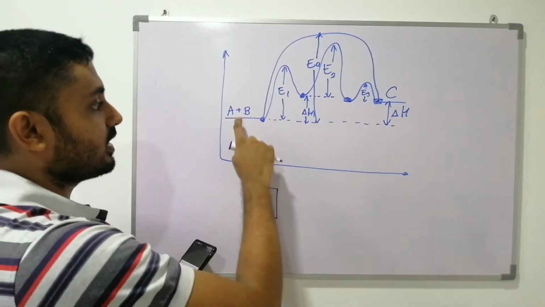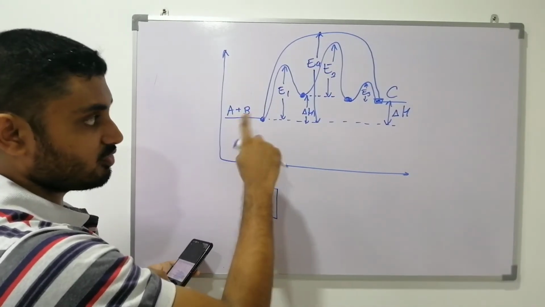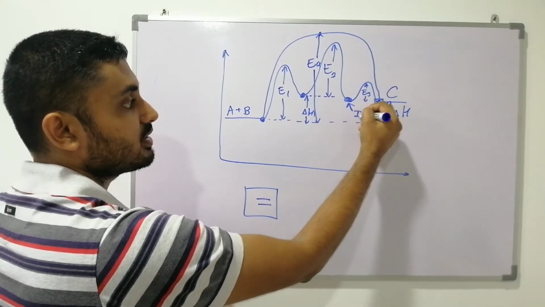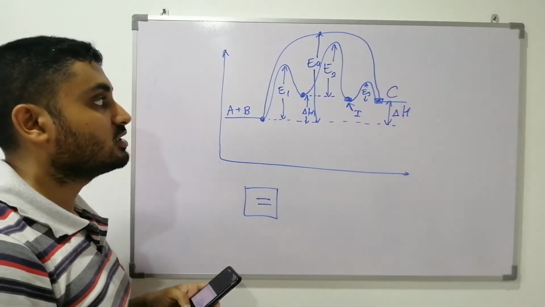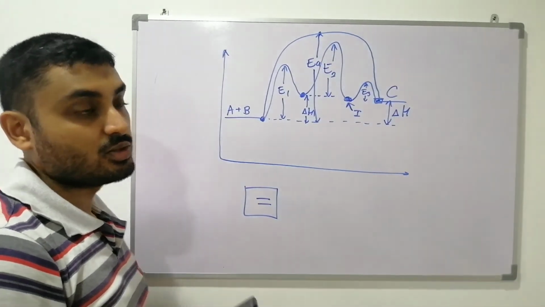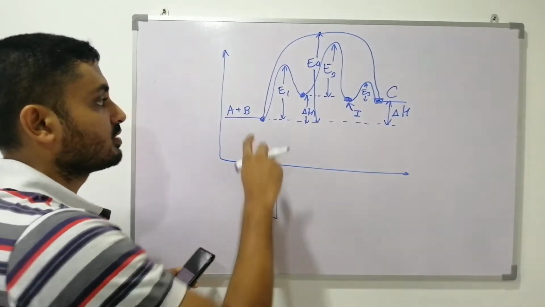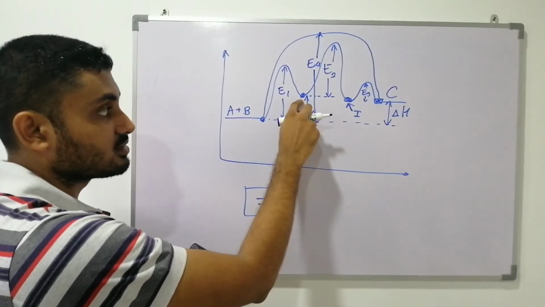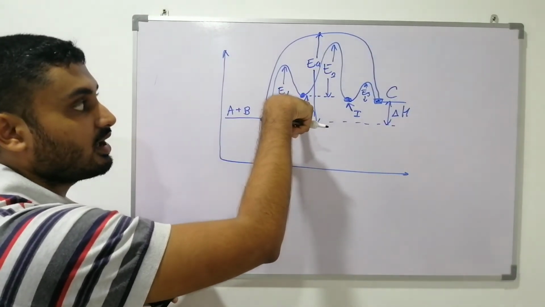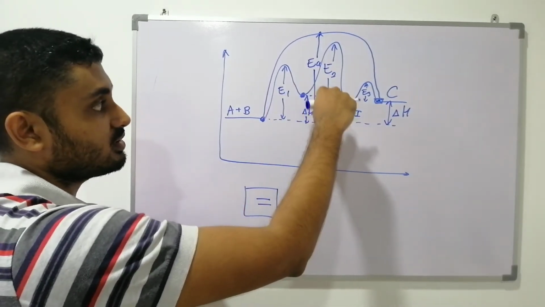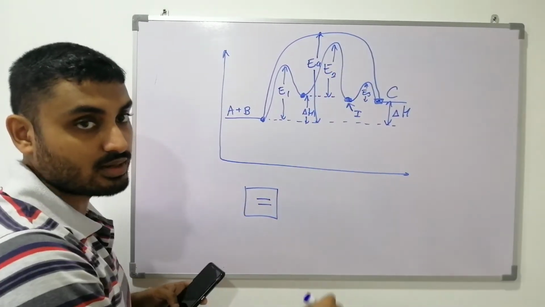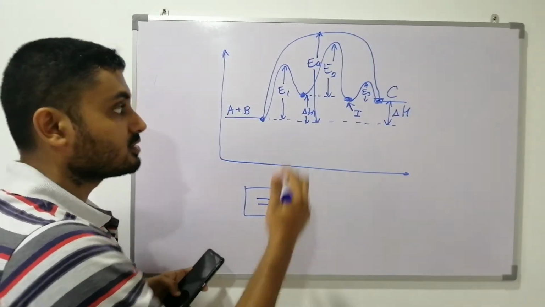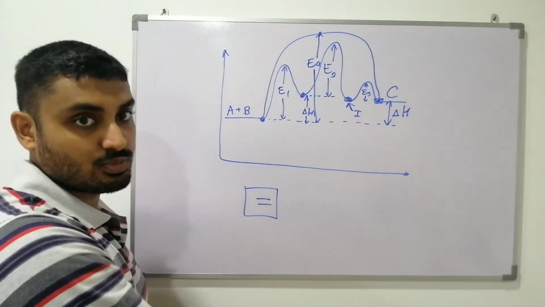Look at this. If you want to form this particular intermediate from A and B, which energy would you give? Obviously you have to supply E1 to get this intermediate, and then you have to put in E2, since you have to get this I. So this delta H1 definitely must be there.